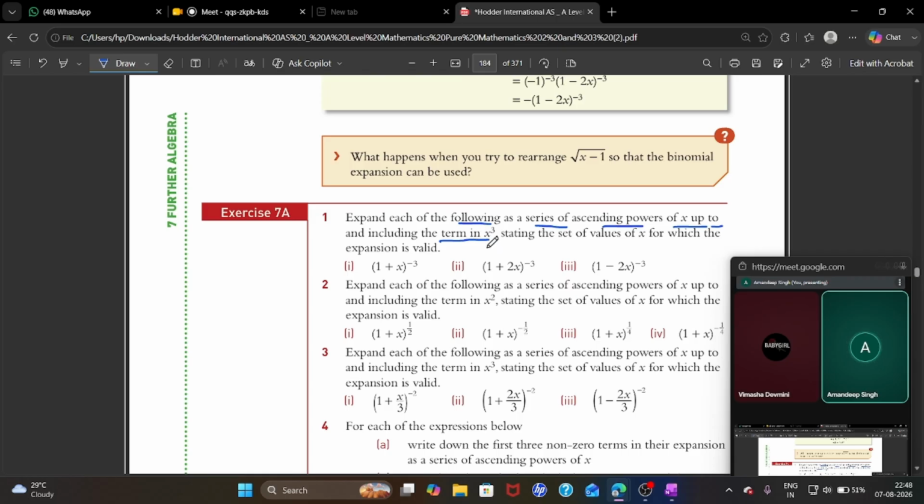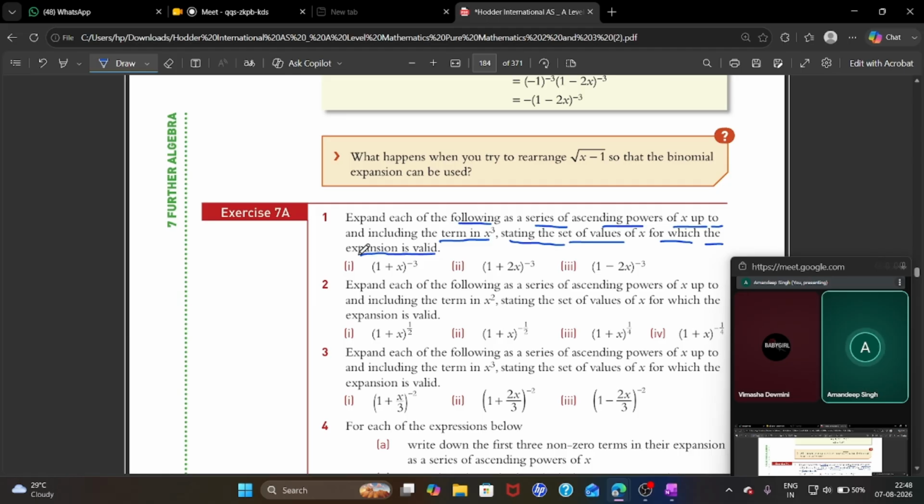That means we have to expand it till x cubed, stating the set of values of x for which the expansion is valid. So the expansion is not valid for every value of x, and we have to write the restriction of x, the interval of x for which the expansion is valid, so that we will learn.